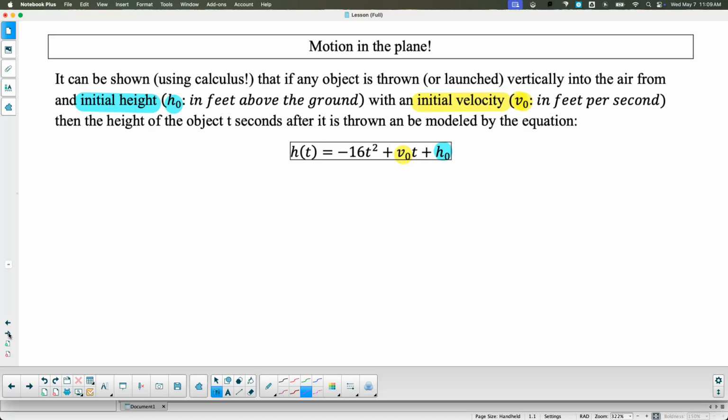So if you were to graph this one, it would have a graph of time versus height. What would the graph of time versus height look like?